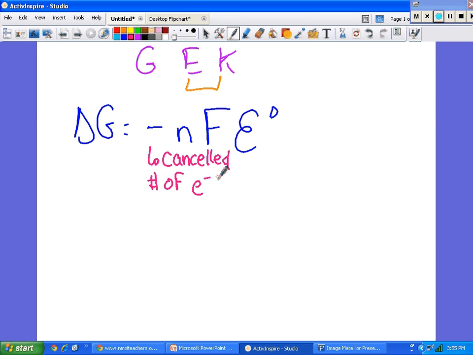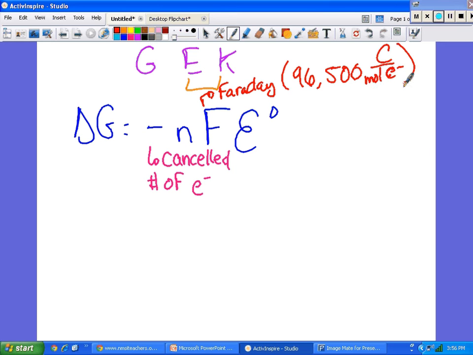Now, what was F? Faraday, which was what? 96,500 coulombs per mole of electrons. And guys, if you don't remember the units, it's on your equation sheet. That's where I just got that.